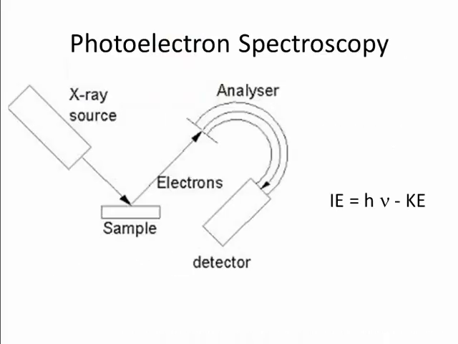What scientists do then in a PES machine is shine an X-ray source on the metal sample. The ejected electrons travel through a hemispheric kinetic energy analyzer. The outer and inner plates are both negatively charged, the inner plate slightly less so than the outer.